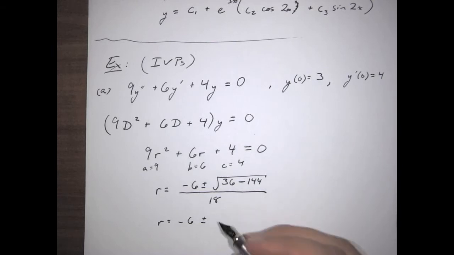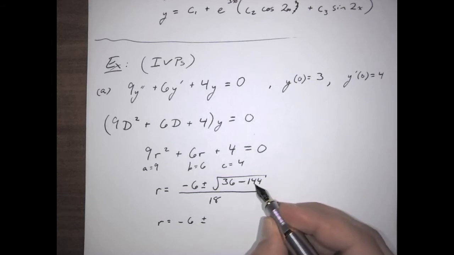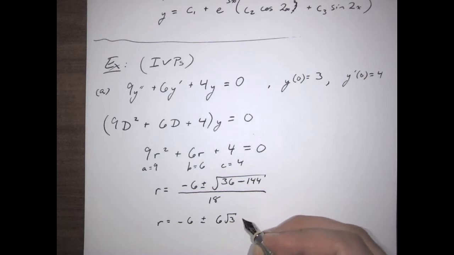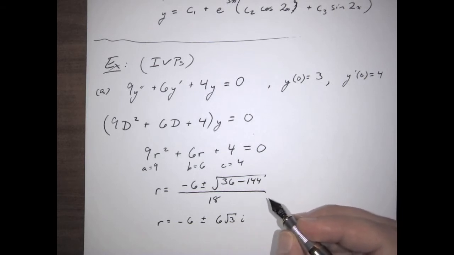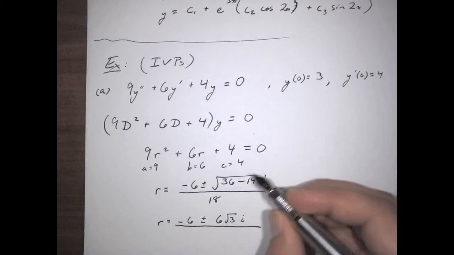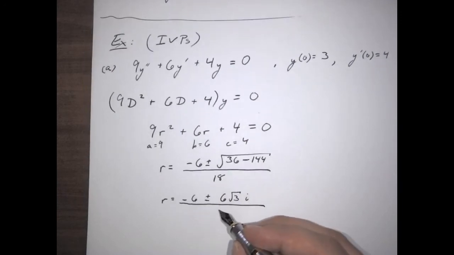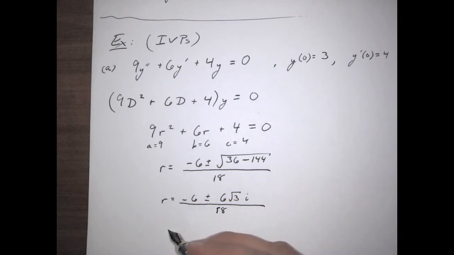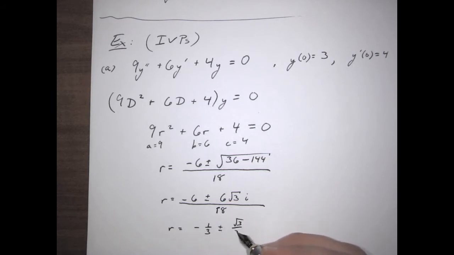I know that much because this is 4 times 36. So it's going to be plus or minus 6 root 3 times i, because it's 36 times 3 in there, divided by 18. And so that's going to give us, if we simplify it down a little bit, negative 1/3 plus or minus root 3 over 3 times i.